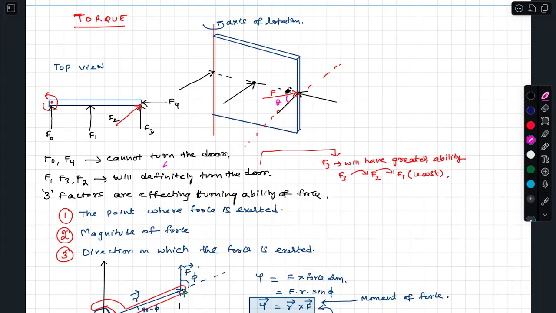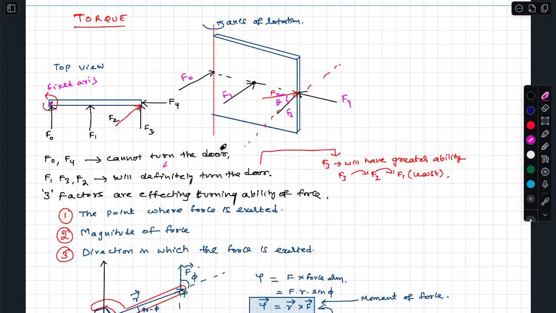This is a 3D picture. Seeing this from the top view, this is a fixed axis, and the forces applied are like this: F0, F1, F2. If required, we will add F3 and F4. Will F0 and F4 help us turn the door?